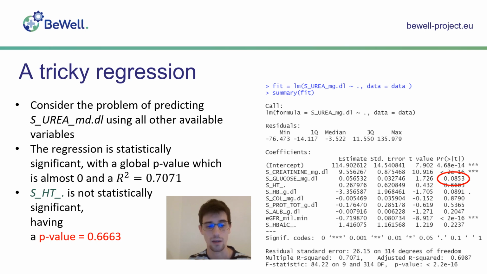This problem is addressed by looking at the statistical significance of each variable, which is summarized using the p-value. In particular, let's focus on the s_ht variable. This is not statistically significant, having a p-value of 0.6. Hence, in principle, we may consider to discard it from the analysis.